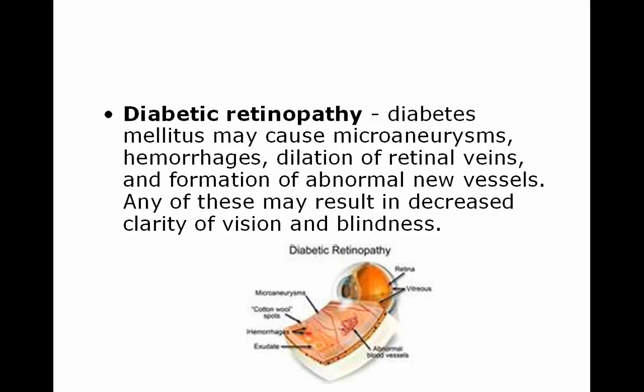This will eventually lead to a decrease in the clarity of vision, and glasses will help for a while, but it's pretty common that someone with diabetic retinopathy will eventually, if they live long enough, suffer from true blindness.